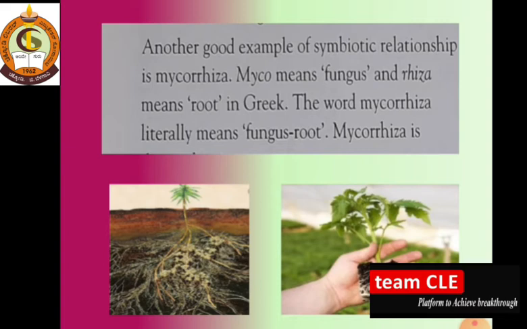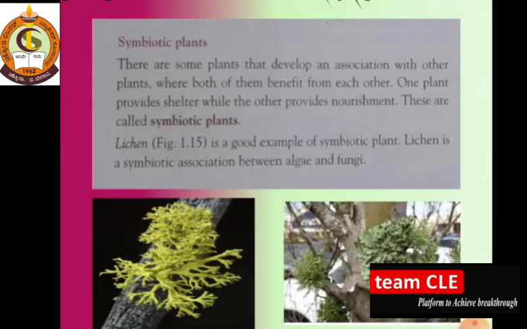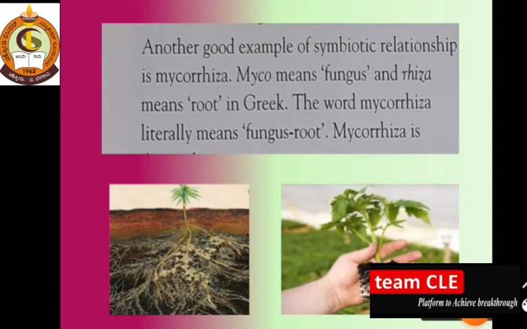Then it is another example of symbiotic relationship, that is called the mycorrhiza. Mycorrhiza spelling is M-Y-C-O-R-R-H-I-Z-A. Please keep in your mind this example, the mycorrhiza.